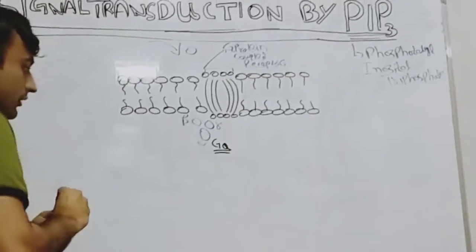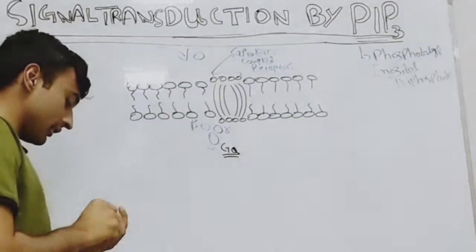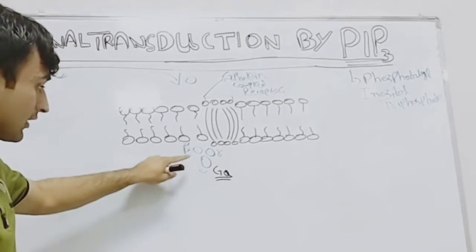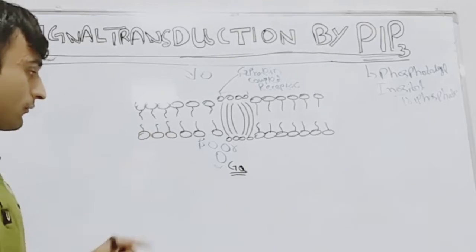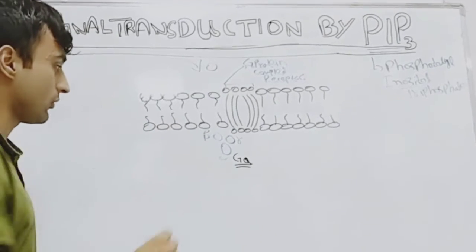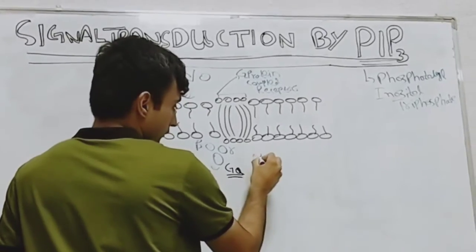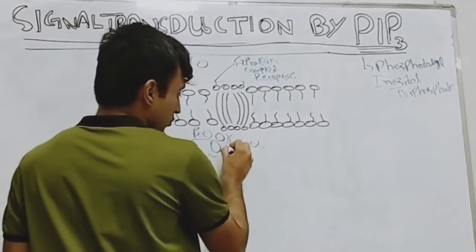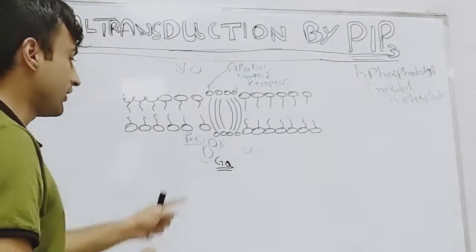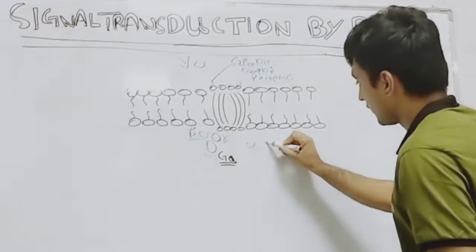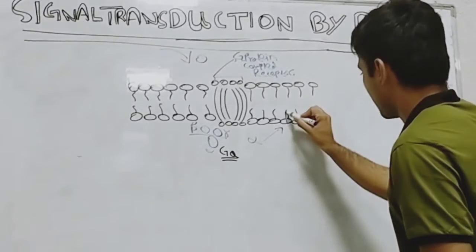We know that the only functional subunit is the alpha subunit. The beta and the gamma subunits do not perform any function. This functional alpha subunit would attach here, and this is the special site.